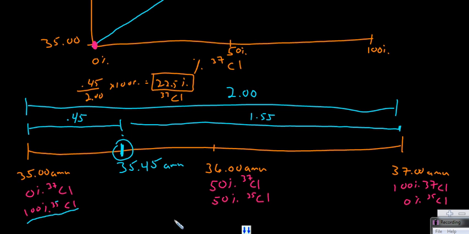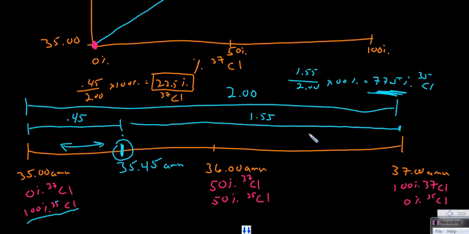Or you could say we have a difference here of 1.55, so divide by 2.00 times 100%, and we get 77.5%. 77.5% what? We've got more than 50% of something, and that will be the one that's closer to the mixed number. So we're 77.5% chlorine-35. We'll be practicing problems like this very frequently.